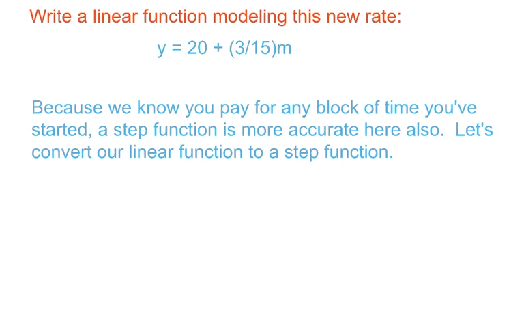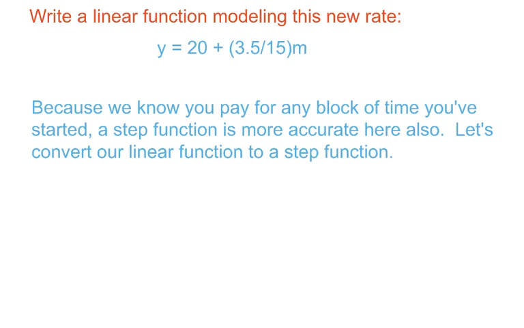And because you know that you're going to be paying for every block of 15 minutes, that means if there's like a 17-minute time frame, you're going to be paying for 30 minutes if you go past your first 15 minutes. So it's going to be another step function. When we do the step function, we need to make sure we put the ceiling or floor brackets around only the thing that's governed by the minutes.